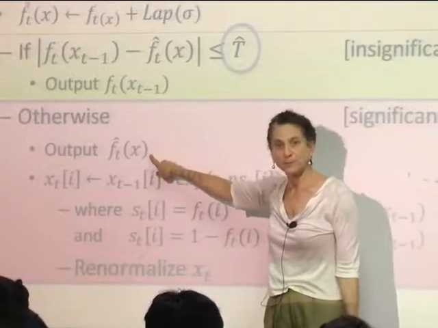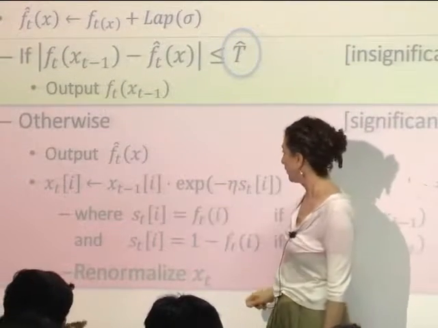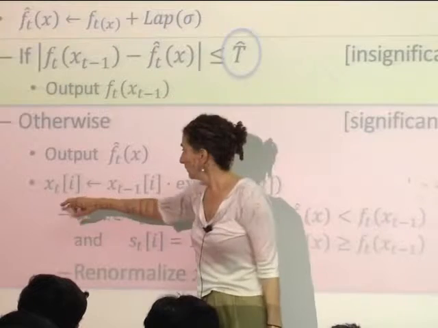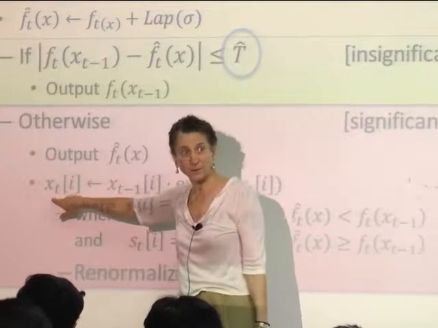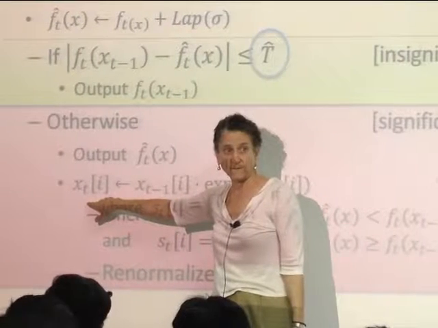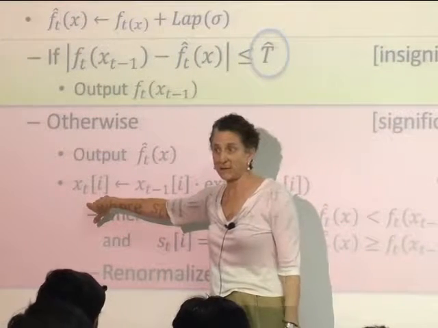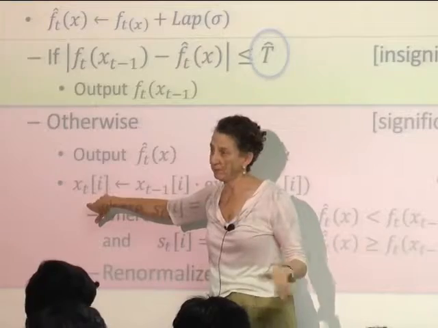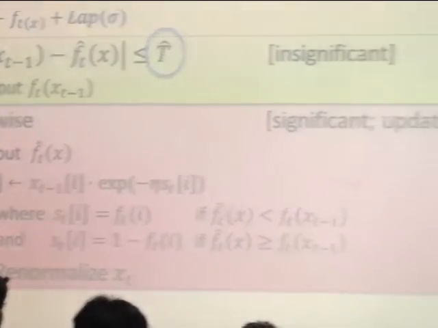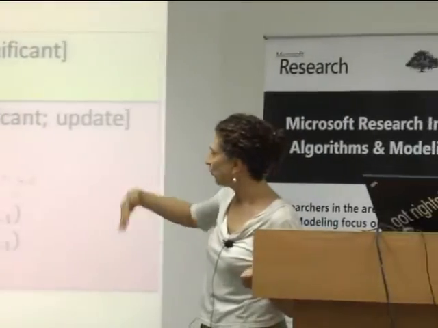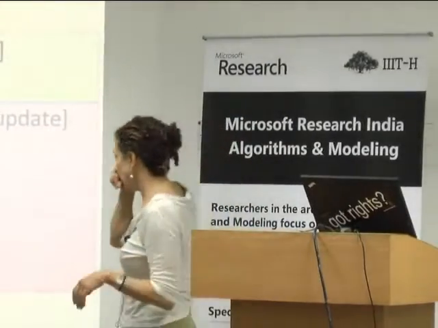And then comes the updating of the publicly visible estimate of the publicly visible distribution. This thing that started out uniform and is getting updated.